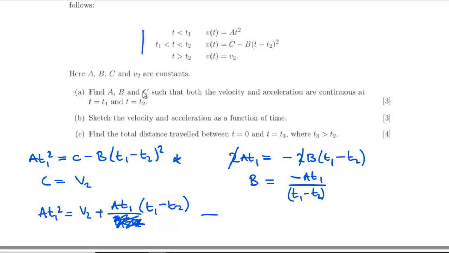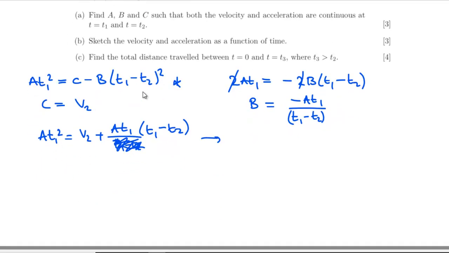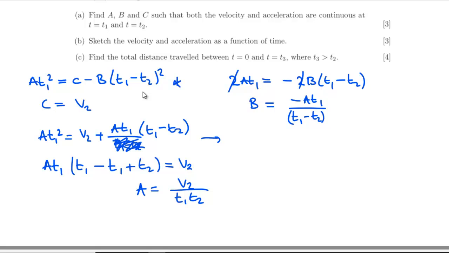Let's scroll down a little bit more, because I don't think we're going to need that at the top anymore. So we've got a t1, multiplied by t1 minus t1 plus t2, is equal to v2. So a is equal to v2 over t1 t2.